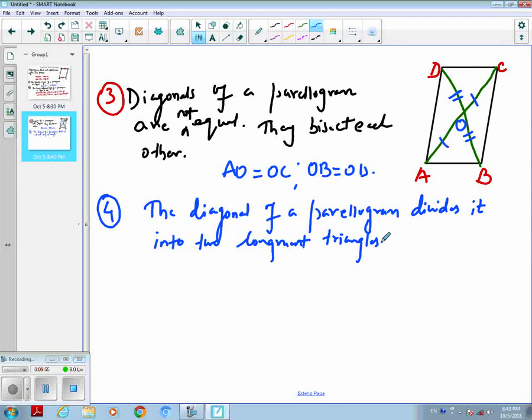Two congruent triangles. What do we mean by that? Just see.